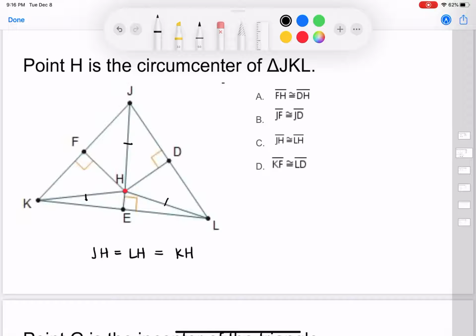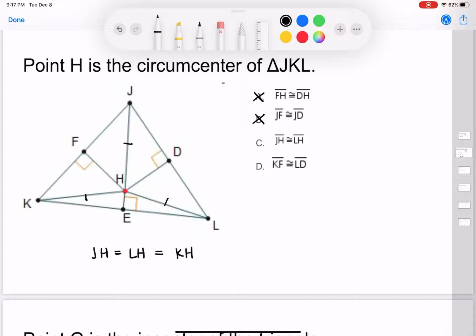FH is congruent to DH. Well, that's not something I can conclude just from accounting for my concurrency of perpendicular bisectors theorem. So I can cross that out. JF is congruent to JD. Well, again, this isn't something I can conclude just based on my concurrency of perpendicular bisectors theorem.